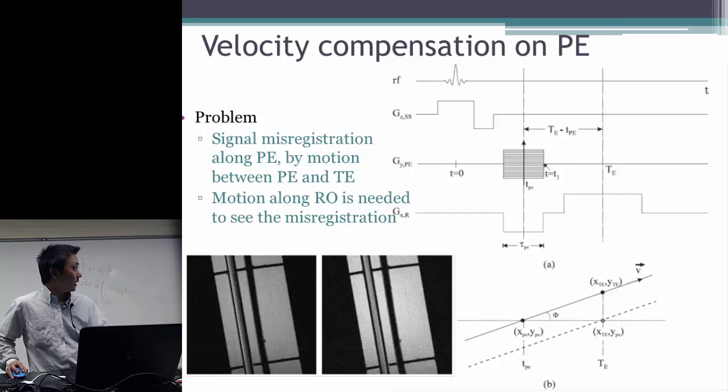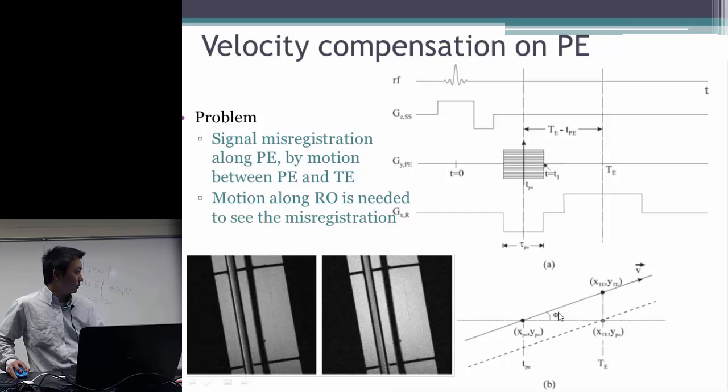But now, after the phase encoding gradient has played out, and until the signal is read at the echo center, there are no more gradients along the phase encoding direction.